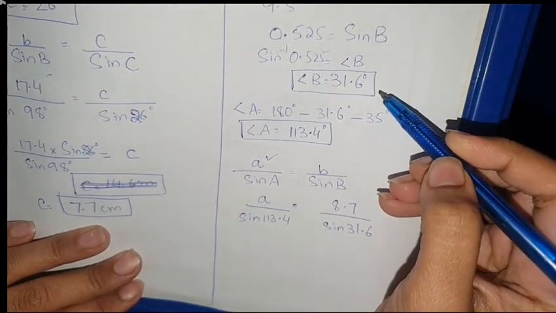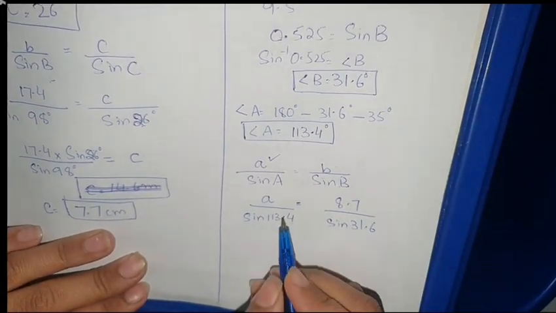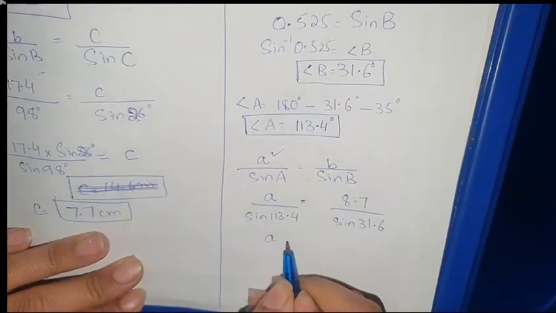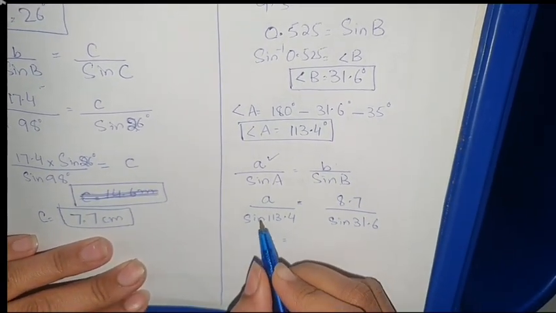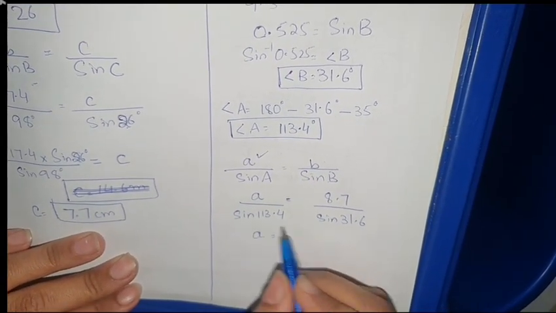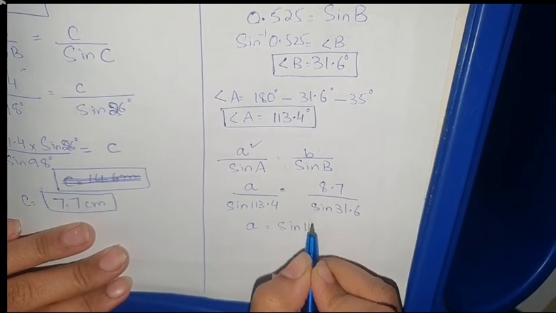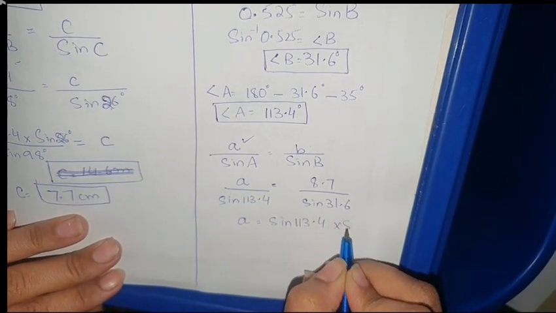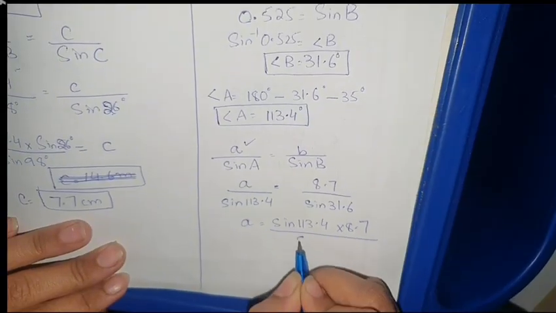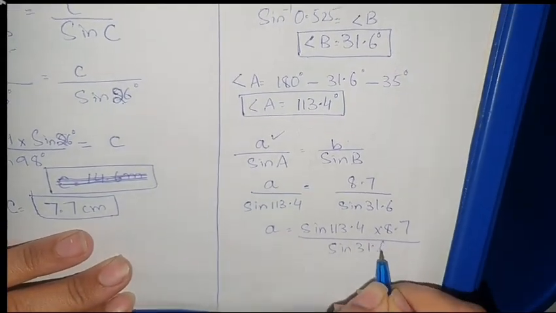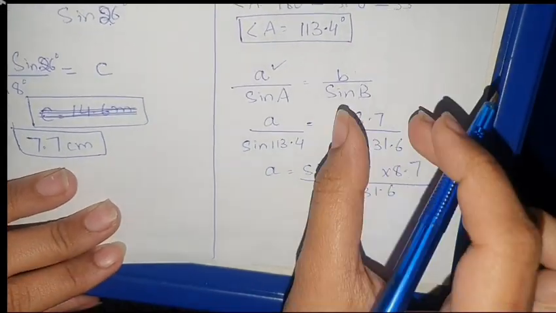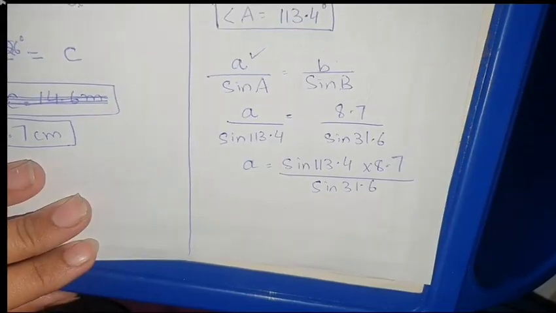See, we have found out this is 31.6. Now make A the subject. Now shift this, it is in the denominator, move on this side so that A becomes the subject. Sine 113.4 multiplied by 8.7 upon sine 31.6. I have just shifted on this side and kept this fraction as it is.